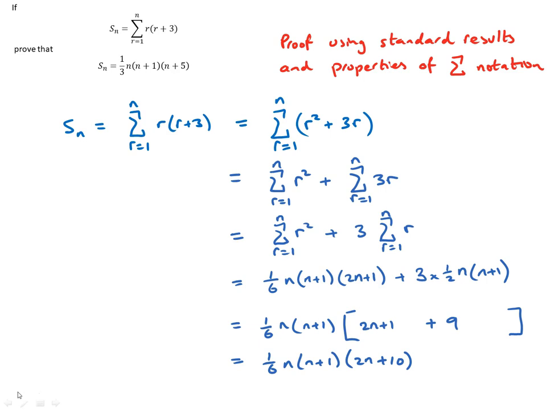I've now got a factor of 2 in that second bracket, so if I pull that factor of 2 out and combine it with the sixth, I've got 2/6 or 1/3 times (n plus 1)(n plus 5) as required. So using the properties of sigma notation, I've got quite a neat proof of the desired result.